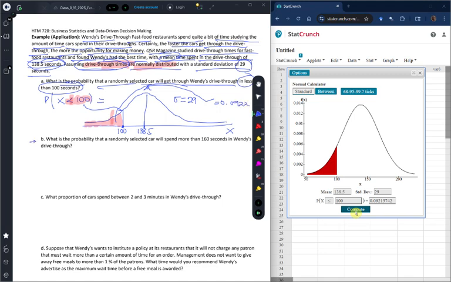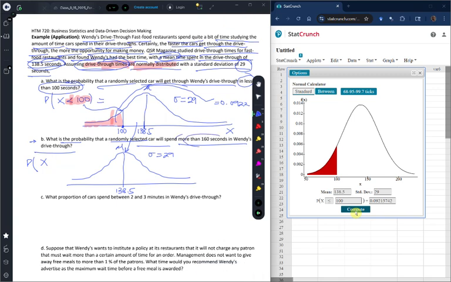The next part of the question says, what is the probability that a randomly selected car will spend more than 160 seconds in Wendy's drive-thru? Which means for the same distribution with a mean of 138.5 and a standard deviation of 29, this time we're interested in the probability that X, the time spent in the drive-thru, will be more than 160.